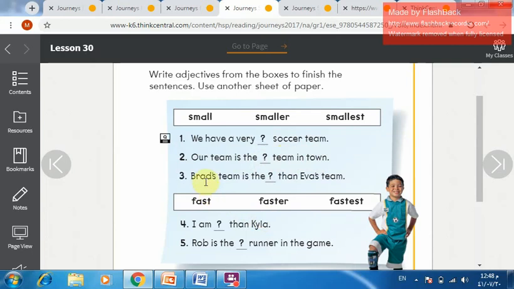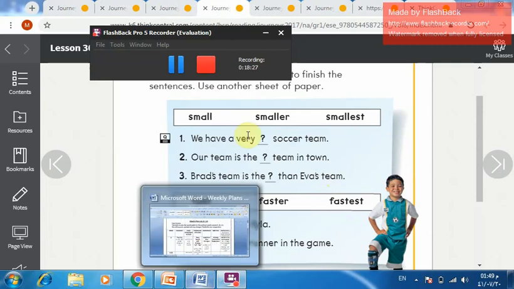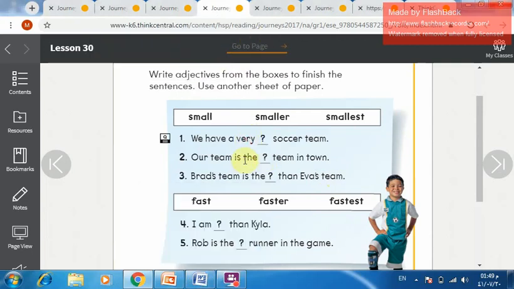Let's move on. Brad's team is the dots than Eva's team. Number 3, Brad's team is the, I need you to cross this word, the, cross it out please, with your pencil.